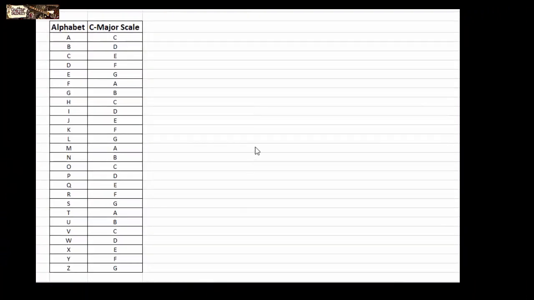Okay guys, so what you can see here is I simply spelled out the letters of the alphabet. It's pretty straightforward. A, B, C, D, E, F, G, and so on, all the way down. Then next to it I did the exact same thing with the C major scale, all the notes or pitches that you find in the C major scale.